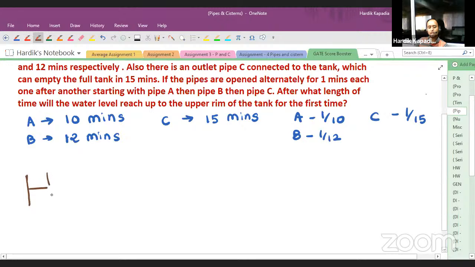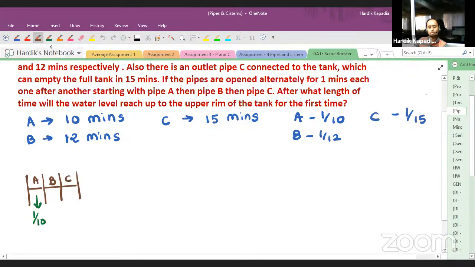First, A will open, and the part filled is 1 by 10. Now it's B's turn for 1 minute, and after that it's C's turn for 1 minute.